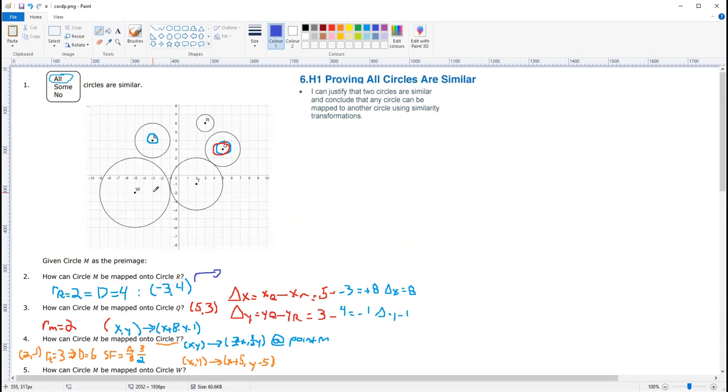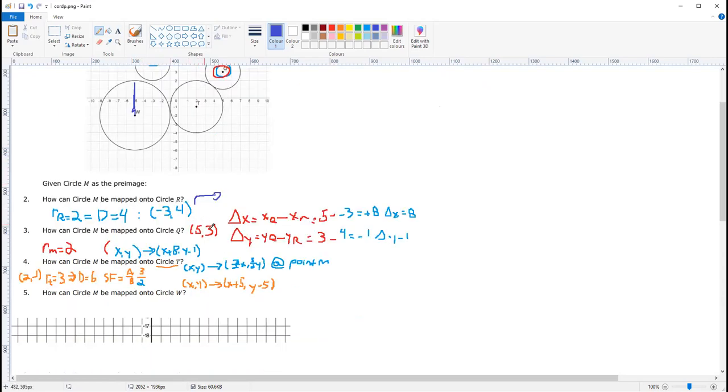So delta Y is going to be 7. And then your scale factor, our after, this is a growth, so it's going to be bigger than 1. So we're going to 1, 2, 3, 4. This is 1, 2 to 4. That's a radius of 4. So it's going to be times 2.